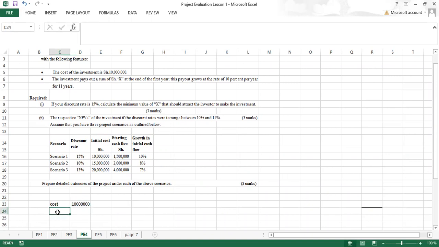We have the payments that will be required, and we also have the number of years. We also have the growth percentage.